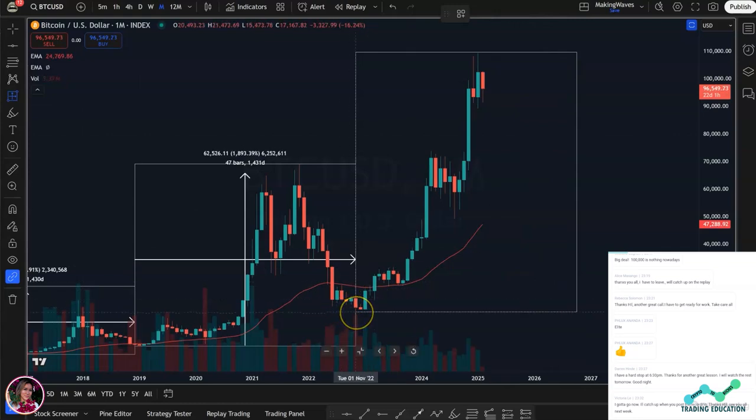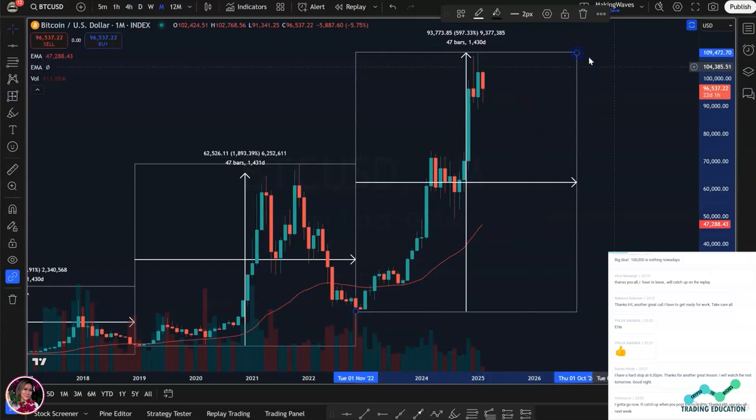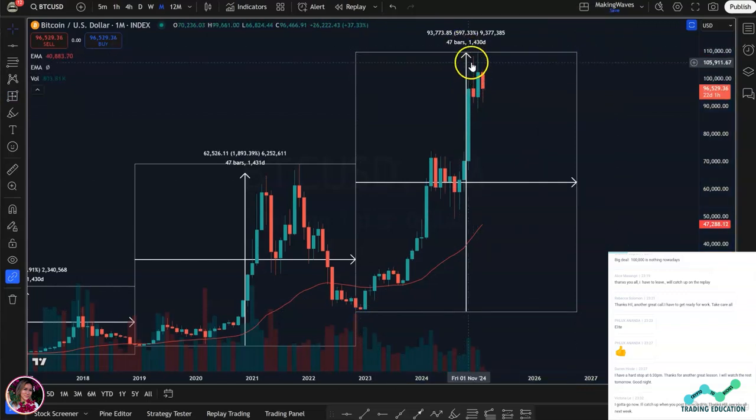So assuming it's another 4-year cycle, November 2022 to October 2026, if I draw my tool on, you can see we are already past that half point date, which was November 2024. We just passed it a few months ago.